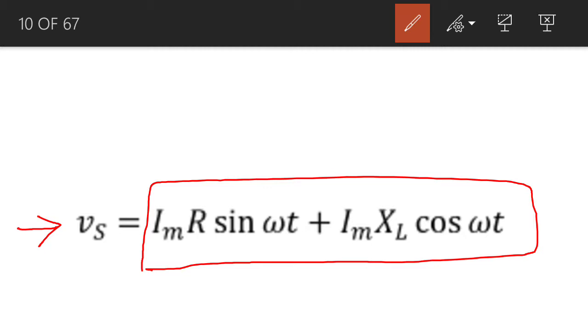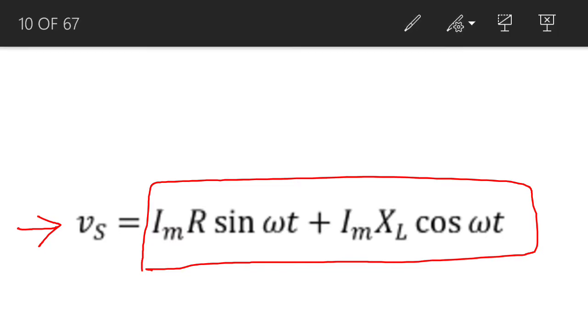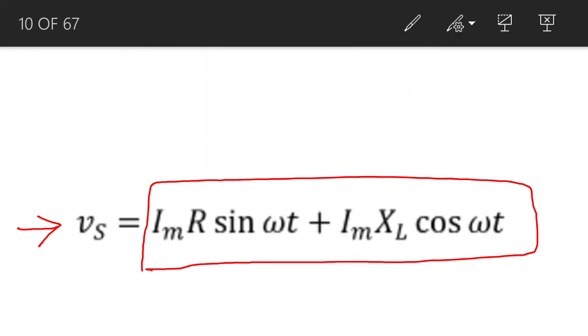But this is an AC voltage, and we know that the AC voltage varies sinusoidally with respect to time. This AC voltage will have a maximum value and a phase angle. So there is a problem with the right hand side of this equation. And what is the problem with the right hand side of this equation?